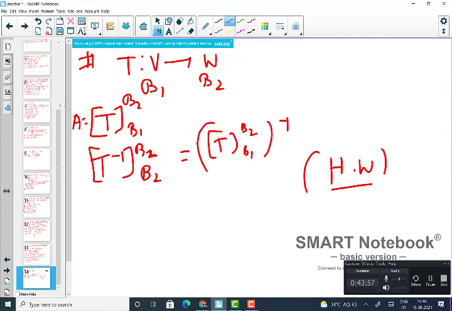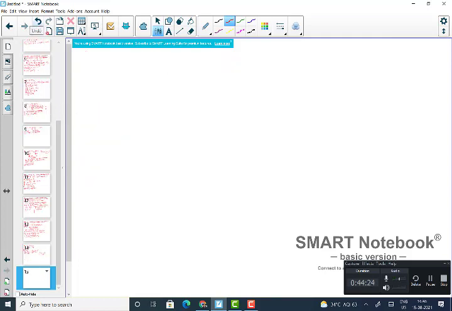Okay. So let me just define one or two more properties, and then we will stop here for today. Maybe one property I should say: if we have a linear map which is invertible, maybe we can write this down as a theorem.